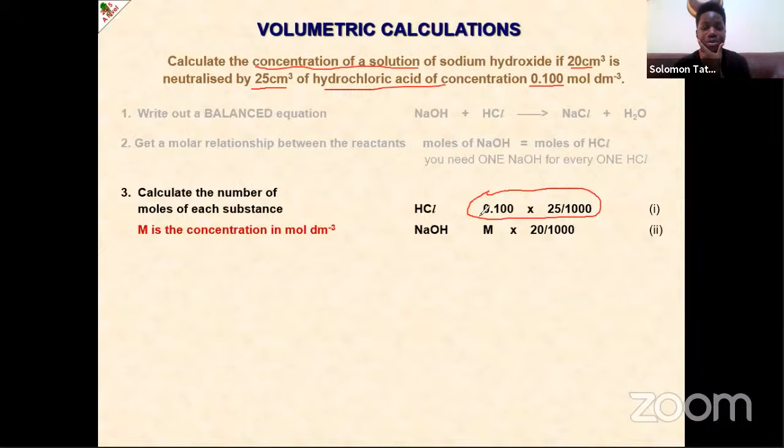So that's the moles of HCl. And now here we can find the molarity. We can say let M be the molarity or concentration of sodium hydroxide. All right. So remember, moles will be molarity times the volume.